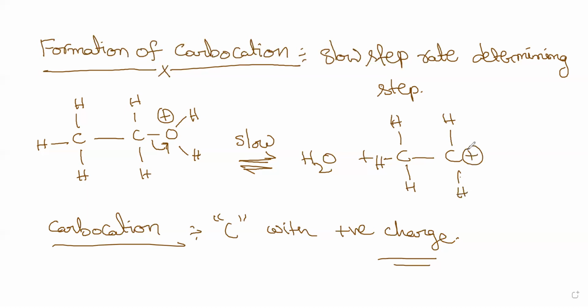This is what you will have. Now this is the carbocation, and later comes elimination of proton. So this is the formation of carbocation, a slow step and the rate determining step.